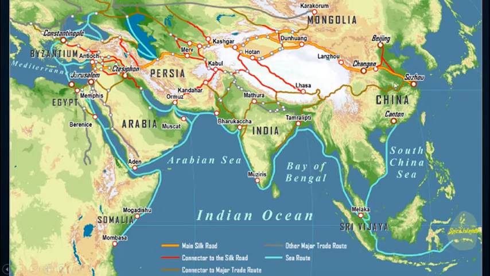If your reference point is China or the Spice Islands, your products pass through the Silk Road going to Europe in a westward direction. Or if your reference point is India and you want to market your product to Europe, it should go through these roads, or if not, these sea routes. If you want your products to go to other countries in the Far East, then you use the sea routes.